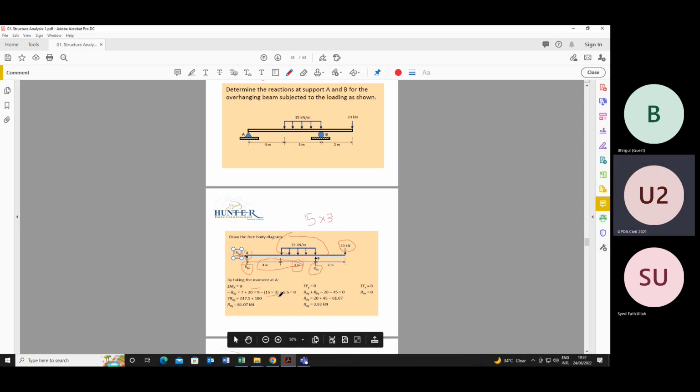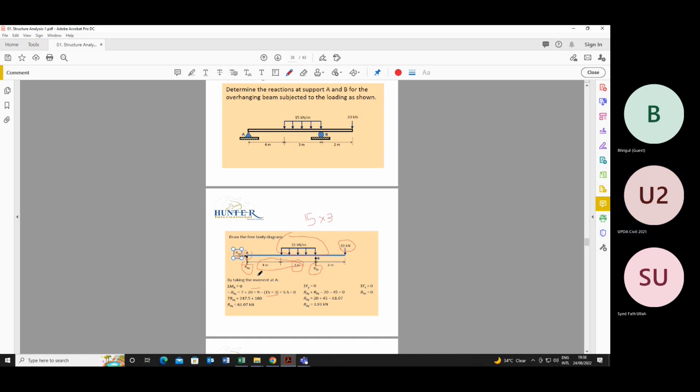So here it is written 15 into 3. And what is the distance from A at which this load is acting? From here to this point, it is 4 meters. Whenever there is a uniformly distributed load, it always acts at half of its length. So if it is 3 meters, this will be 1.5 meters.